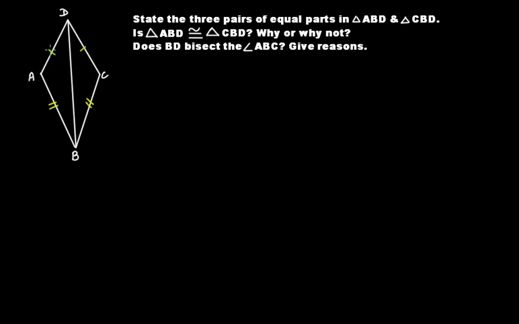So AD is equal to CD, BC is equal to AB, and this side is already common, right? You can think of this figure as something like this.